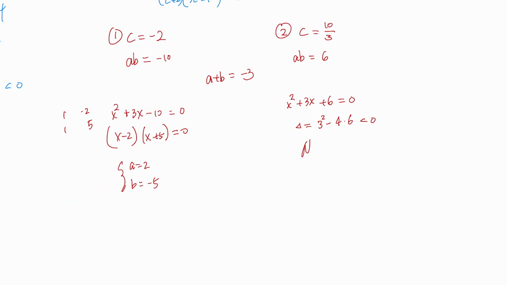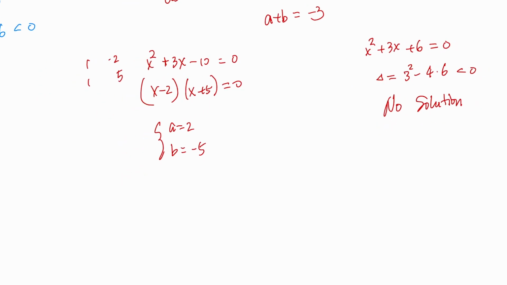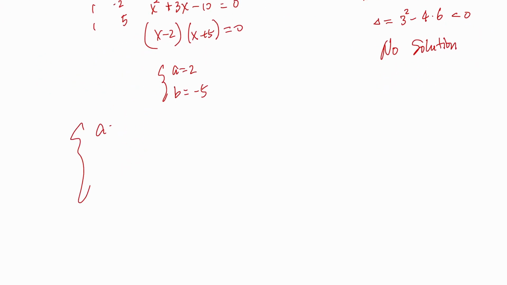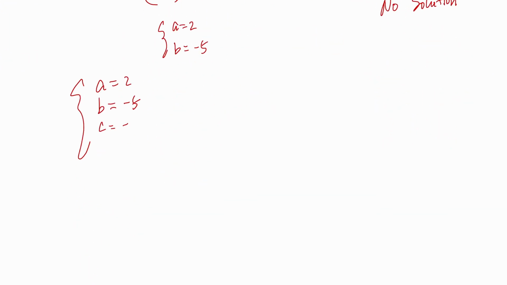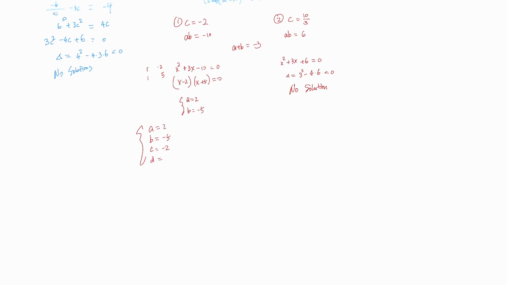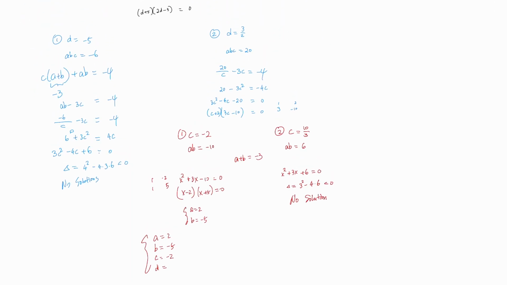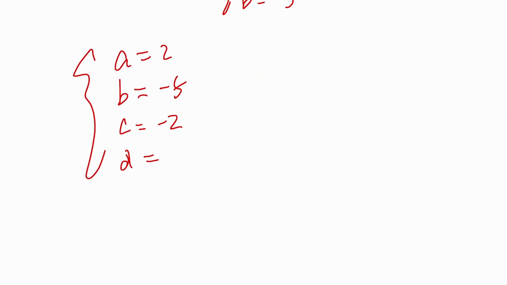There are no real solutions in this case. So we have a equals 2, b equals negative 5, c equals negative 2 in this case, and d is equal to 3 over 2.